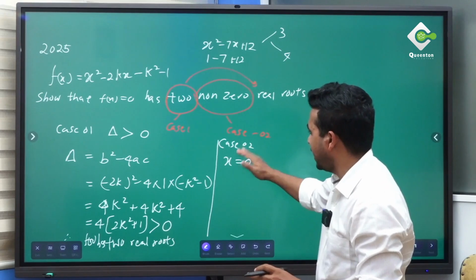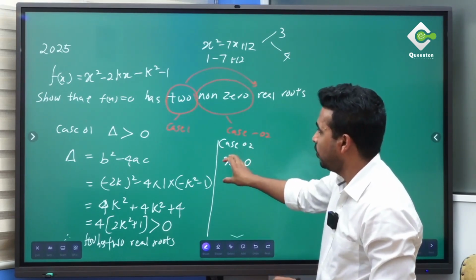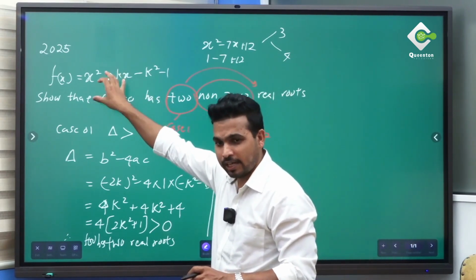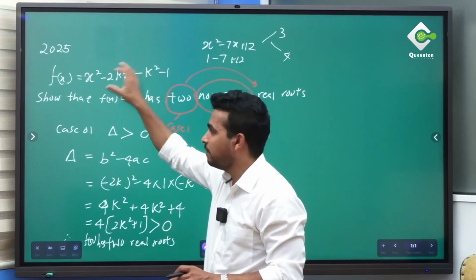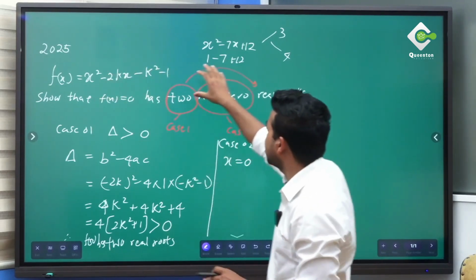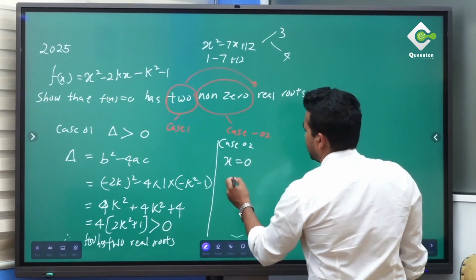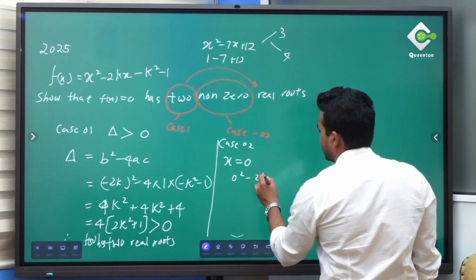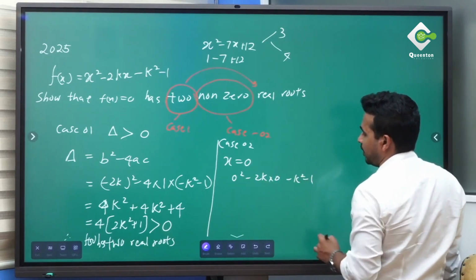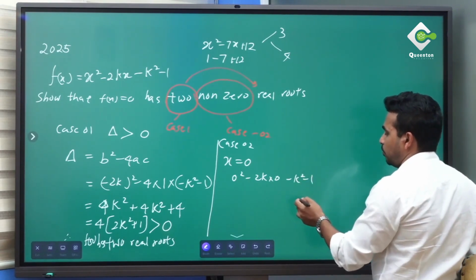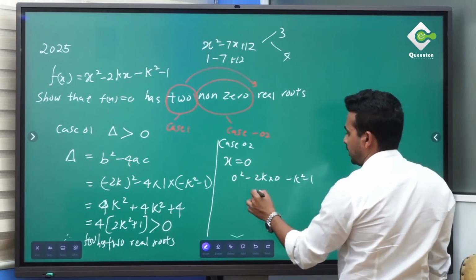We have to substitute 0 for the x values to check whether 0 is a root of f(x), as I did here, right? We'll see 0 squared minus 2k into 0, and there is no x in the last part, so we can write it as it is.